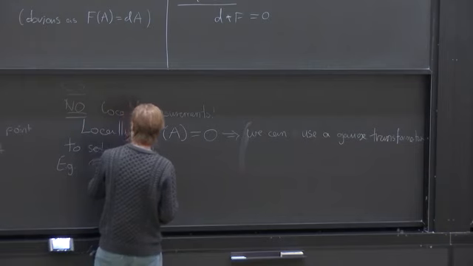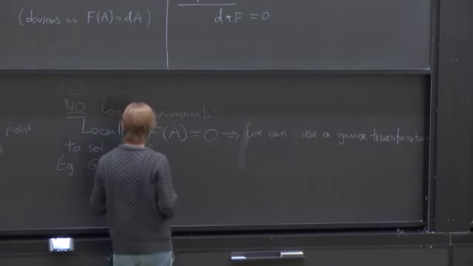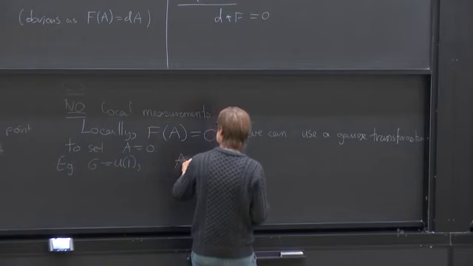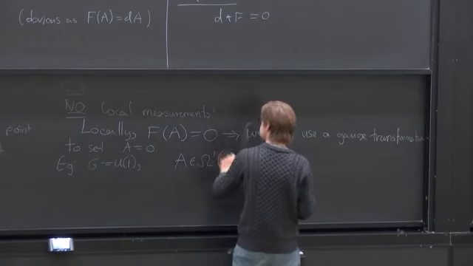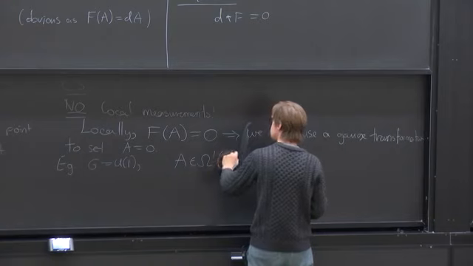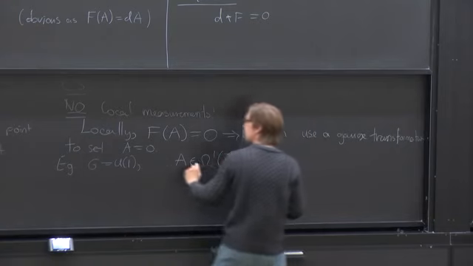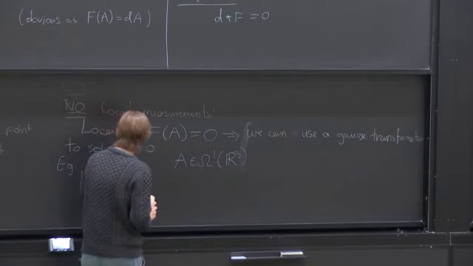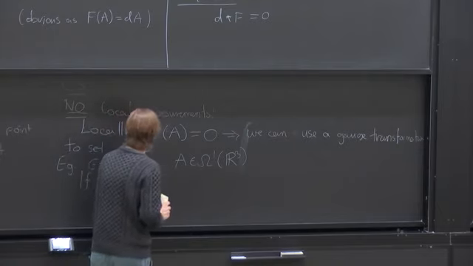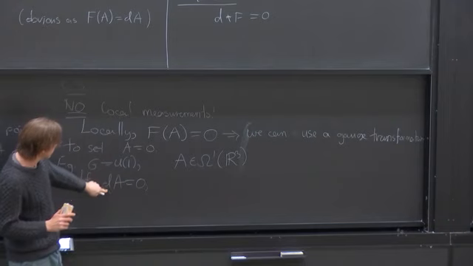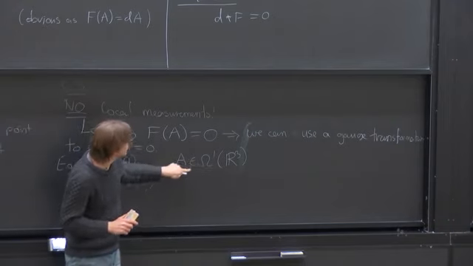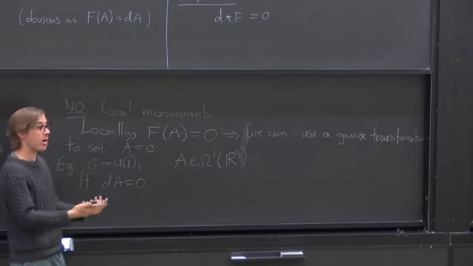if G is U1, A is a one-form on some ball, say some R3. If dA is equal to 0, well, this is the curvature. The question of whether A is d of something is then a question of cohomology.